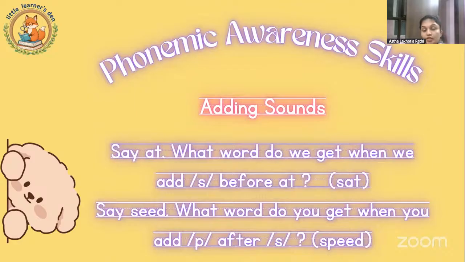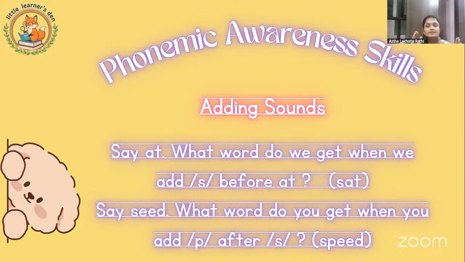Then manipulation, where we had three: adding, substituting, and deleting. So what is adding? Suppose I say the word pot. What word do we get when we add s before pot? They will say spot. So this is adding a sound.